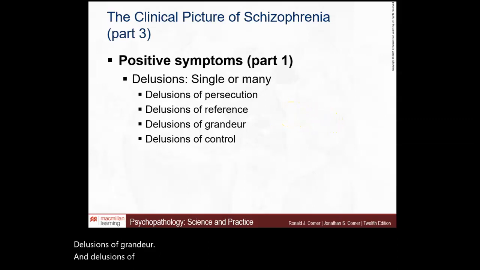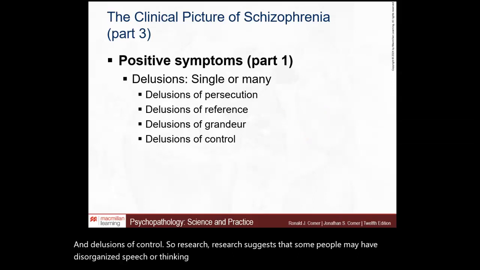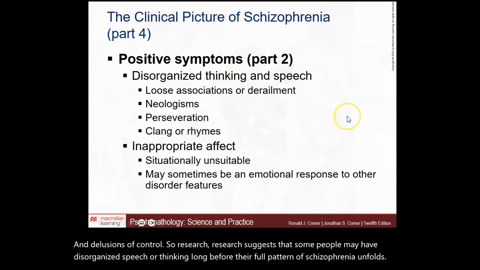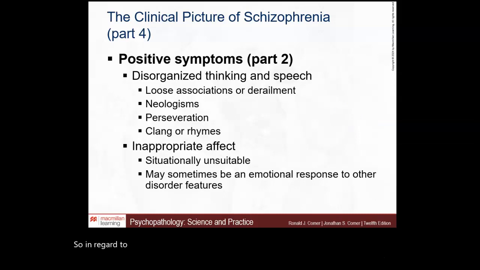So research suggests that some people may have disorganized speech or thinking long before their full pattern of schizophrenia unfolds. So in regard to positive symptoms, that's when a person has things like disorganized thinking and speech, as well as inappropriate affect.